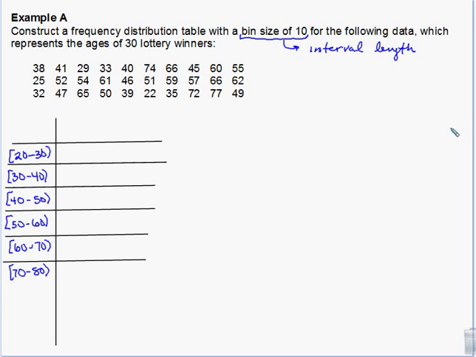And then all we really need to do is count how many numbers. So 38 is in between 30 and 40, 41, 29, 33, 40.